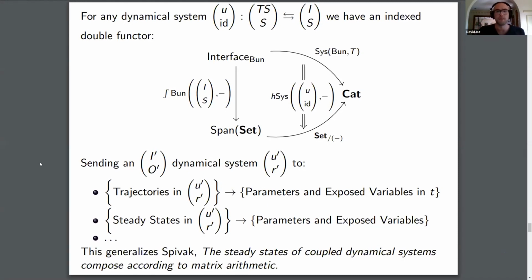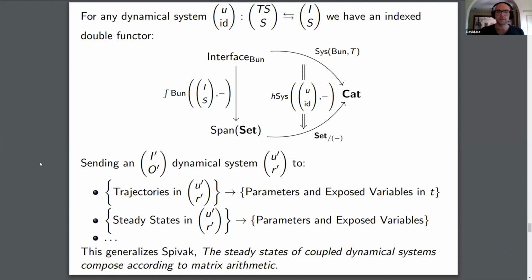We're going to take the bundle morphisms on interfaces, and that's going to give us a double category to spans of sets, which is a kind of non-trivial theorem that involves a reframing of what the double category of interfaces is. And then on systems, we're going to send every system to the set of horizontal system morphisms. So these are the ones that allow you to change interface into your system.